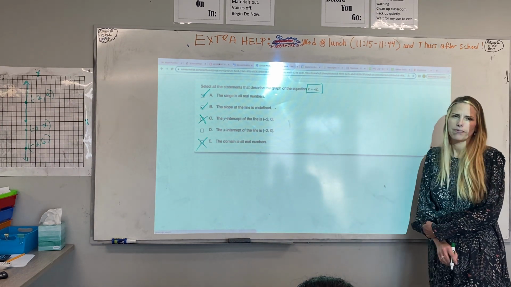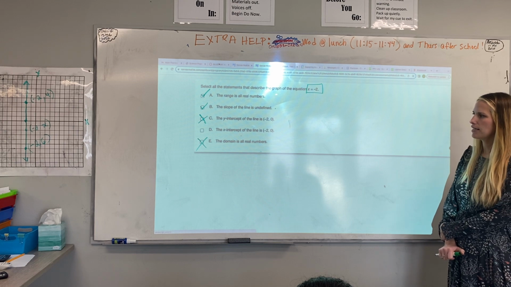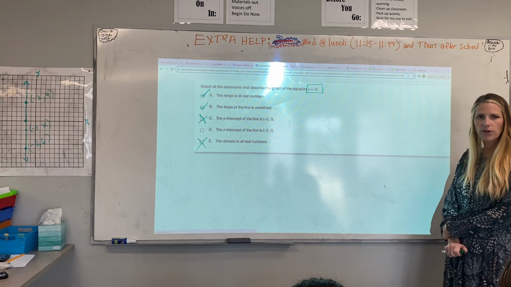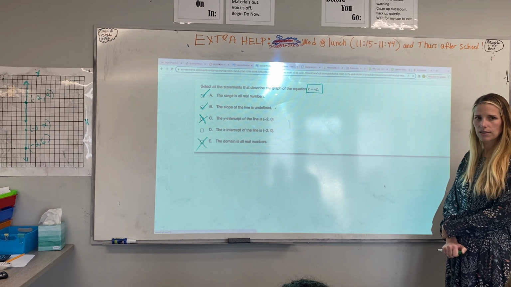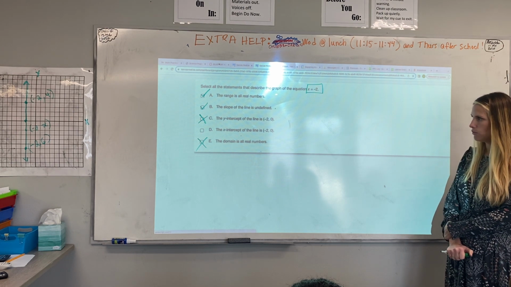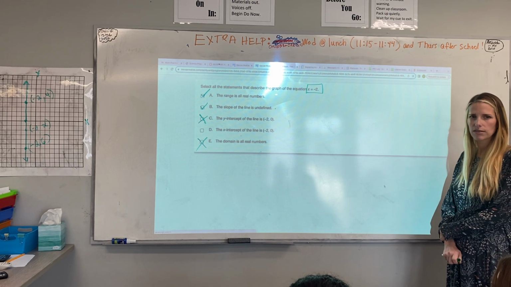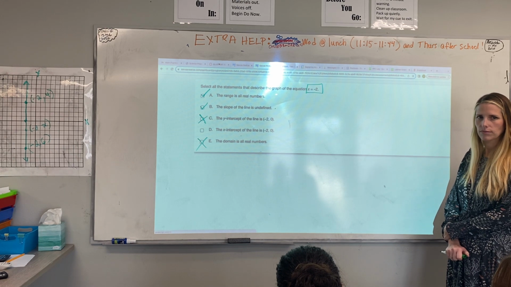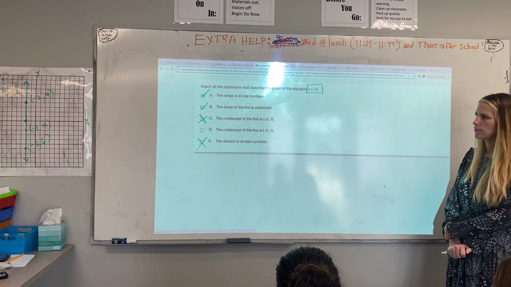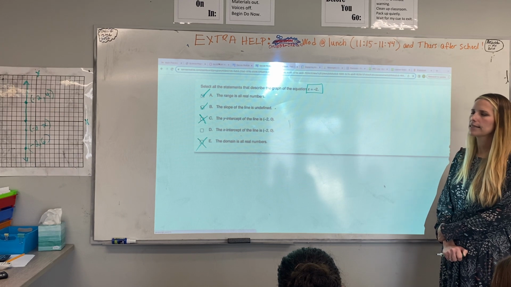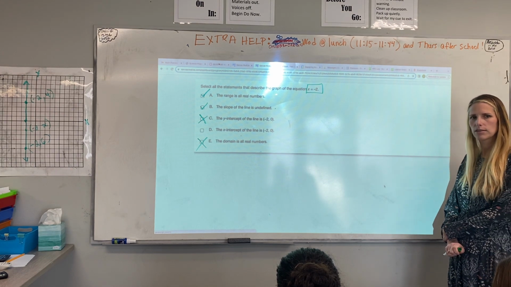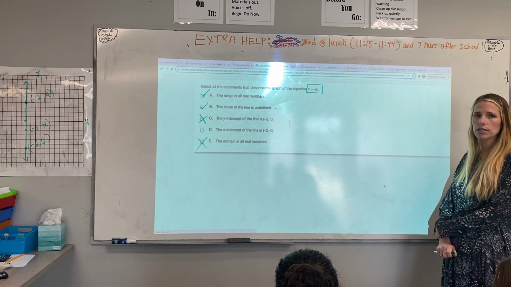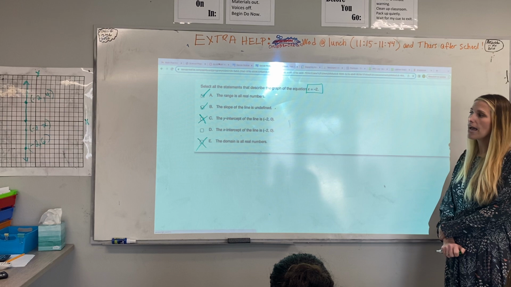Bella, it says the x-intercept of the line is -2, 0. True or false? False. And what makes you say that? What does an x-intercept mean? The line has to do what? Go through the middle, like the origin? No, the x-intercept.